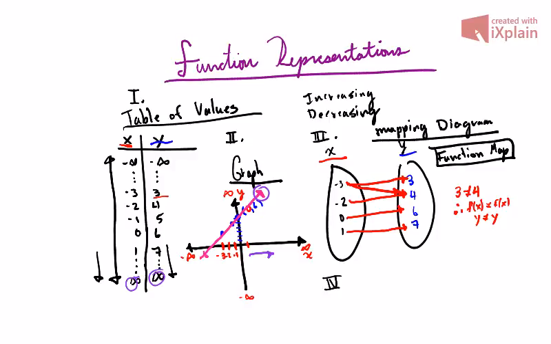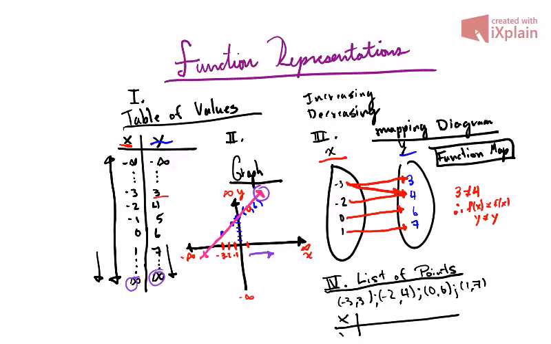Another thing is we like to use a list of values, a list of points. I'll use the same points: negative 3, 3, negative 2, 4, and then 0, 6, and then I've got 1 and 7. You can deconstruct this into another set and say x is this, y is that, and if your x values ever repeat, then it's not a function.